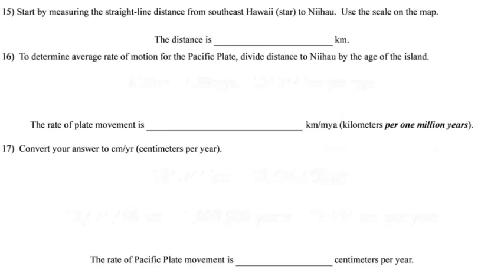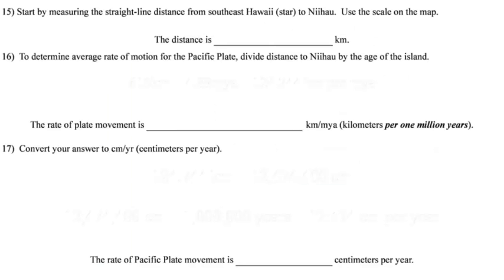So you're going to convert the kilometer reading that you got in the previous question to centimeters, and then divide that result by 1 million. Once again, we have to change the time from per 1 million years to per 1 year. And so that's what we do there.